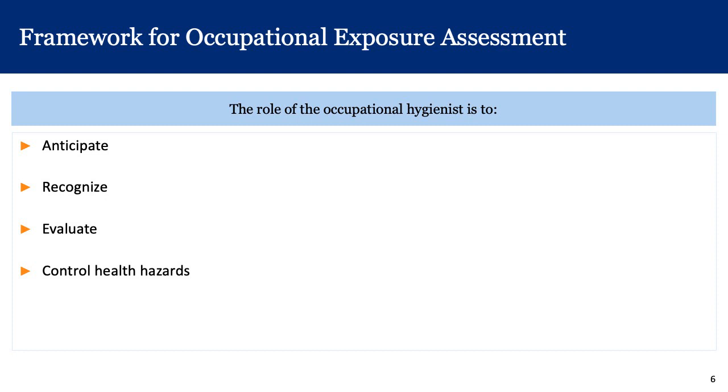In this course, we'll be looking only at the third bullet, evaluation. So how can the exposure assessor evaluate the exposures and do the comparison with the exposure limit and make a decision? So it's these three things.